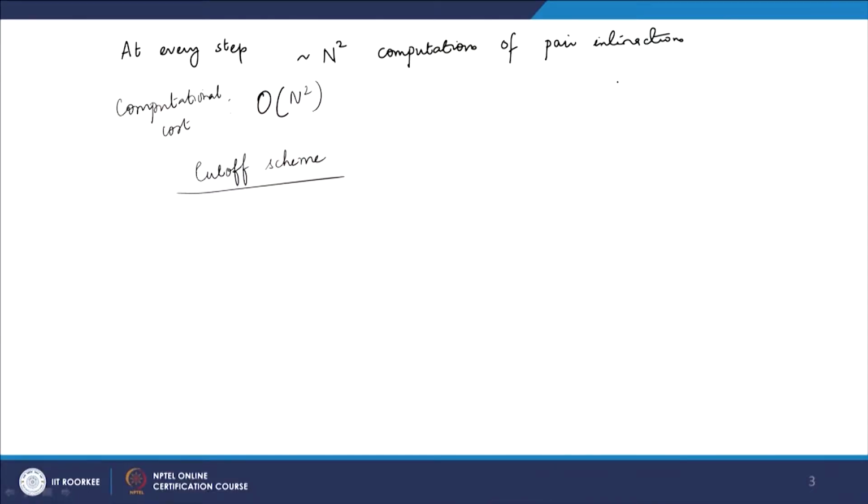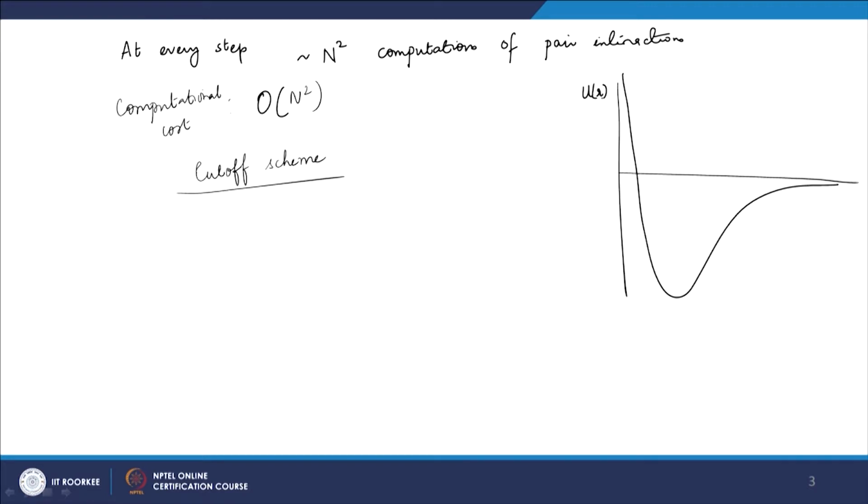However, if you recall the definition of the pair interaction, I used a Lennard-Jones function that was something like this, and you can note here that in the Lennard-Jones function, if I go very high in the distances, the energy values are very small.